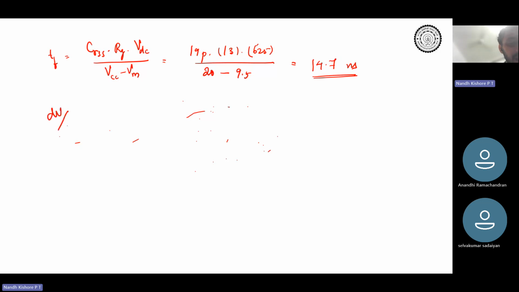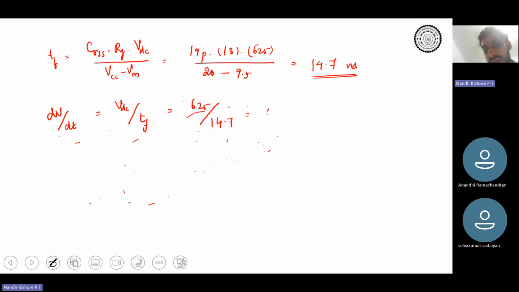And what is the dV by dt? dV by dt is VDC divided by TF, right? 625 volts divided by 14.7 nanoseconds.